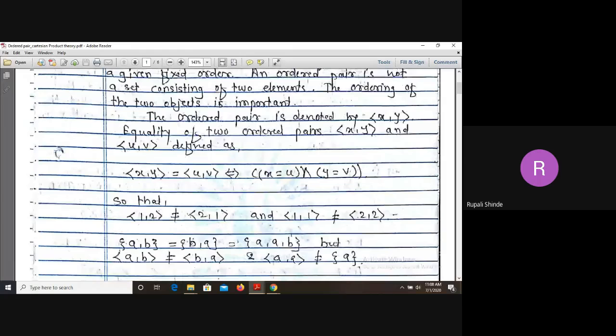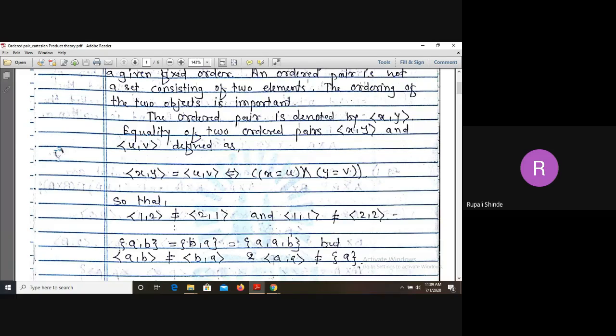Now, here one example is given. Consider the first ordered pair containing two elements (1, 2). This is not equal to the ordered pair (2, 1) because though the elements are the same between these two pairs, the ordering is not the same: in the first ordered pair 1 is the first element and 2 is the second element, but in the second ordered pair 2 is the first element and 1 is the second element.